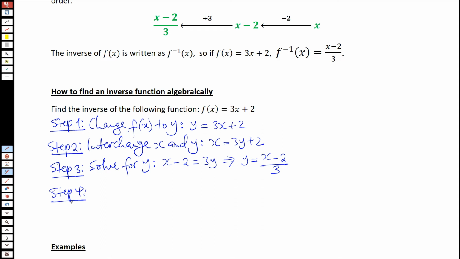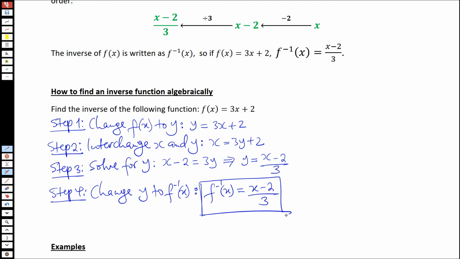Step 4: change y to that notation there, because this is now the inverse of that function. Remember here we're looking for the inverse function. So the inverse function of f will be x minus 2 over 3. And you can see it's the same result as what we have here.